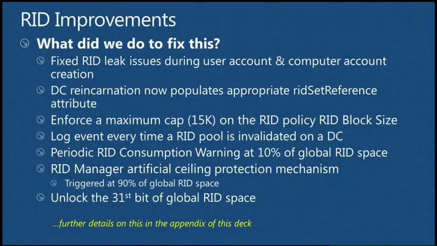Finally, this is huge, all right? We just unlocked one more bit in our overall RID space. How many more RIDs do you think that it allows us to go to? All right, we moved from 1 billion to 2 billion at this point in time. So we've kind of unlocked a whole billion RIDs.